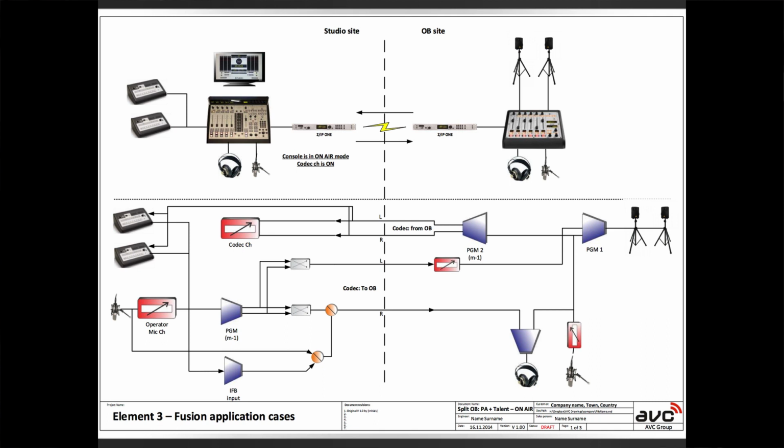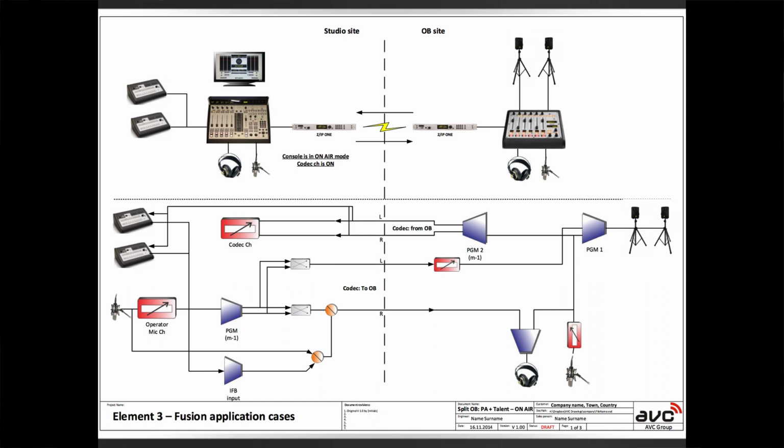Here's a situation where you might have a remote broadcast going on. You've got a public address system at the remote broadcast site, so you're feeding pre-delay, uninterrupted, clean feed audio out to the remote site for the PA speakers. But you also have the ability for the talent to chat back and forth in real time with people back at the studio, including producers who may be on intercom systems.